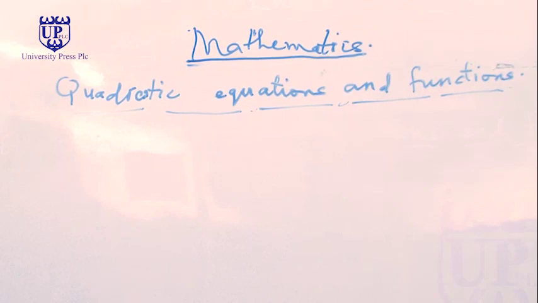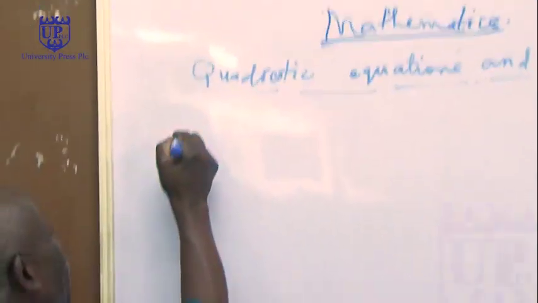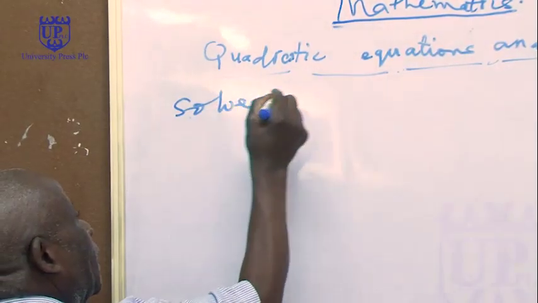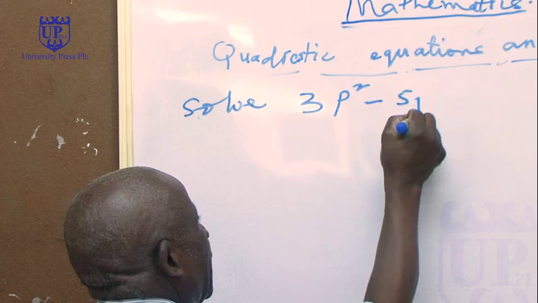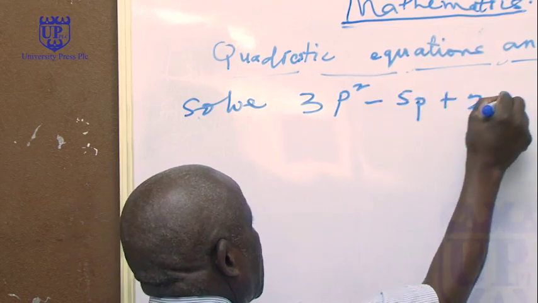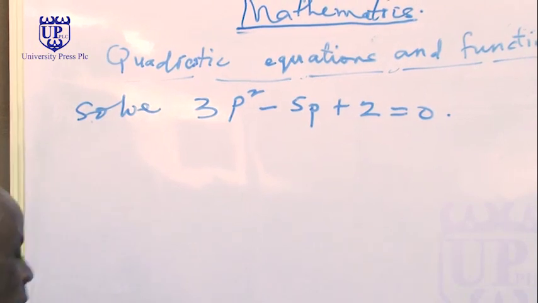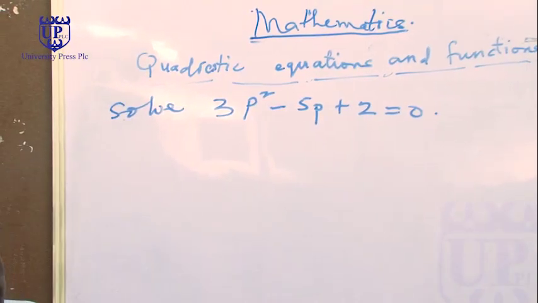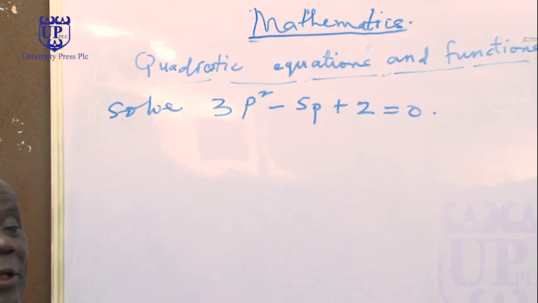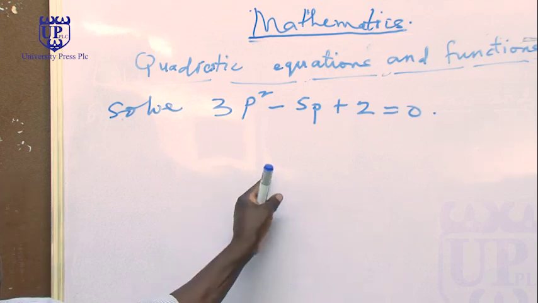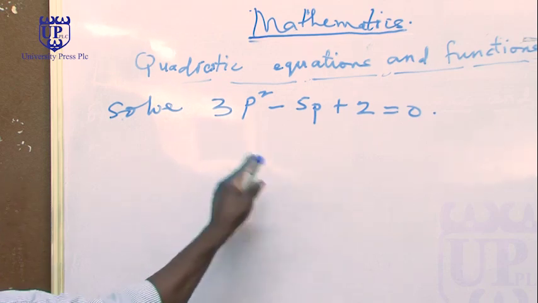Question 9 says: solve 3p squared minus 5p plus 2 equals 0 using the completing the square method. Here the question says using the completing the square method. You are not supposed to factorize, even though it is factorizable and has rational factors.